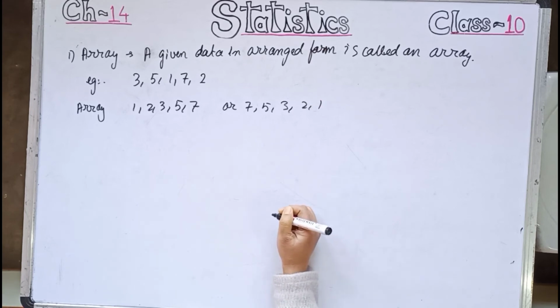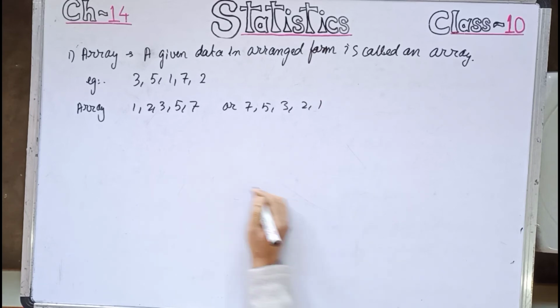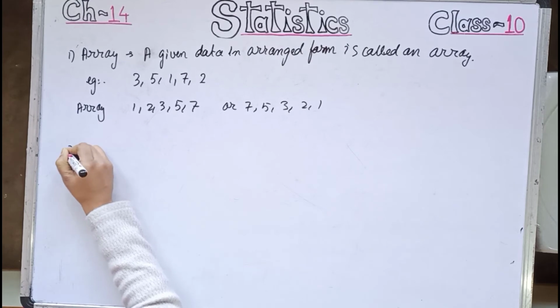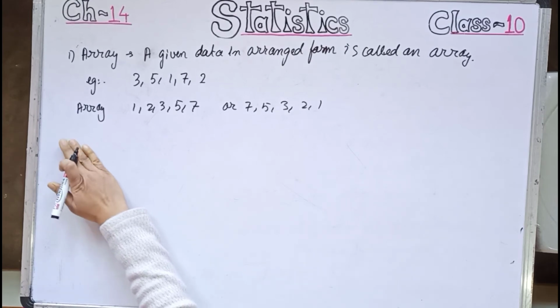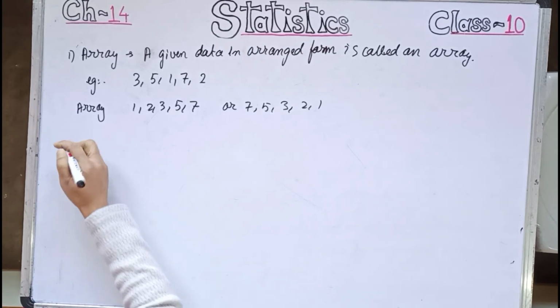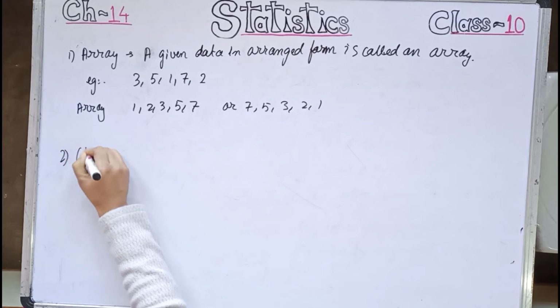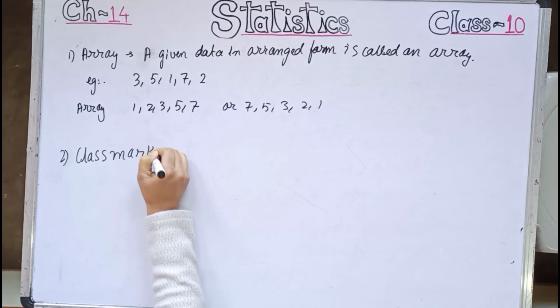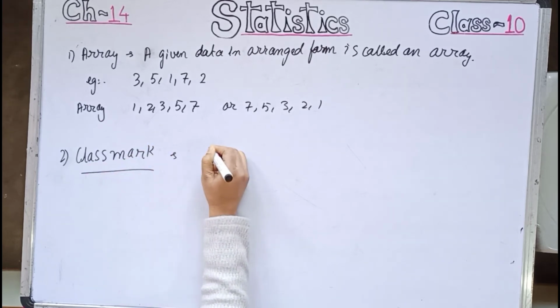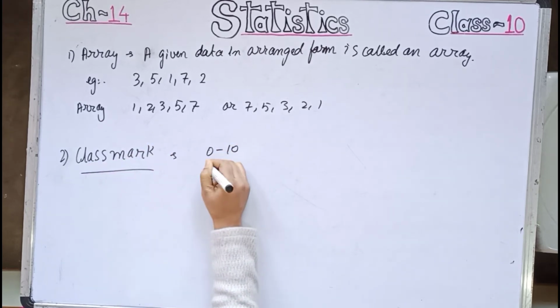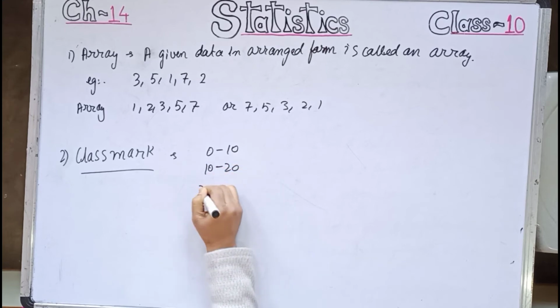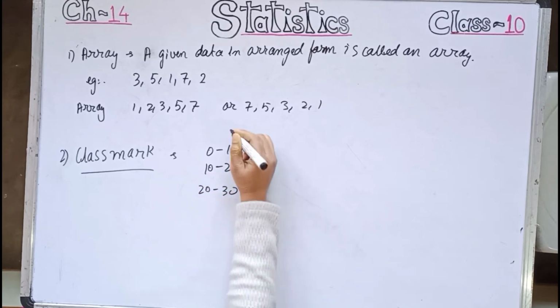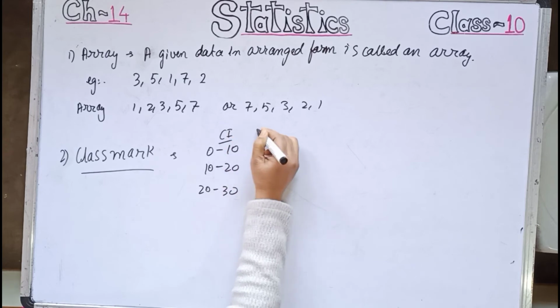I think you understand. Next, this also we have done in standard 9, but even then before starting the class 10 syllabus, you should know class mark. Suppose the class intervals are 0 to 10, 10 to 20, 20 to 30. This is the class interval.